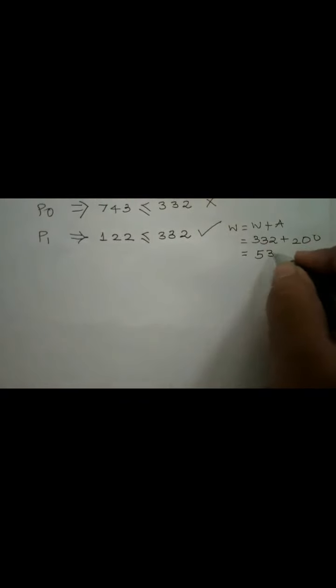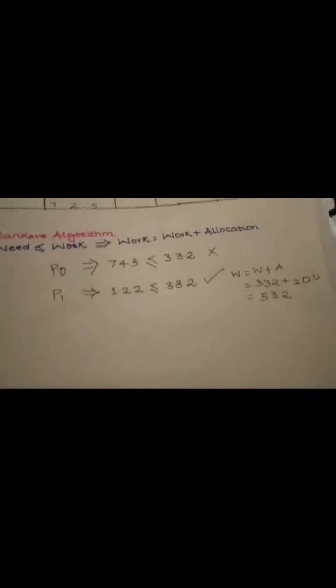If it is satisfying, what is the formula? Work is equal to work plus allocation. What is the work? It is 3, 3, 2. What is the allocation of P1? The allocation of P1 is 2, 0, 0. So we will add 2, 0, 0, which becomes 5, 3, 2.